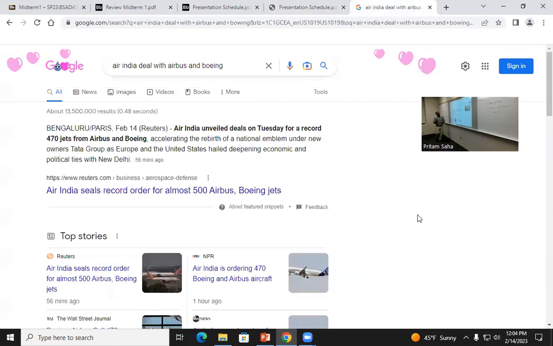So it's a deal by this airlines corporation with these 2 manufacturers, right? Do you know the currency for India? Rupees, right? I think it's INR, Indian rupees. Do you know where Airbus has its headquarters?